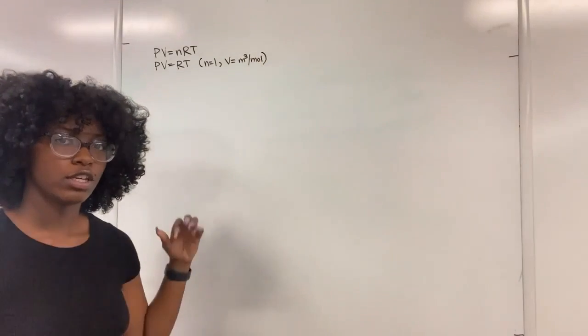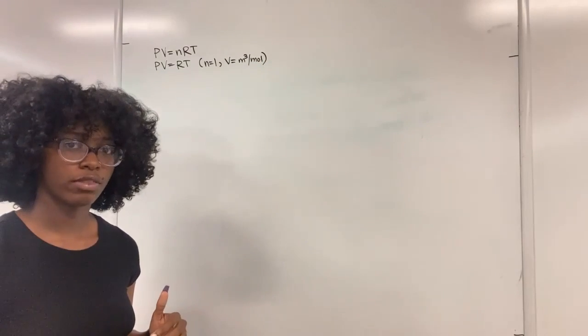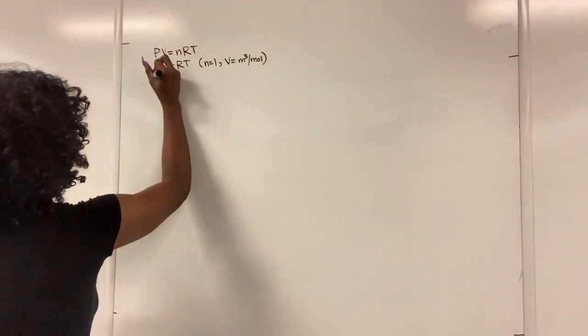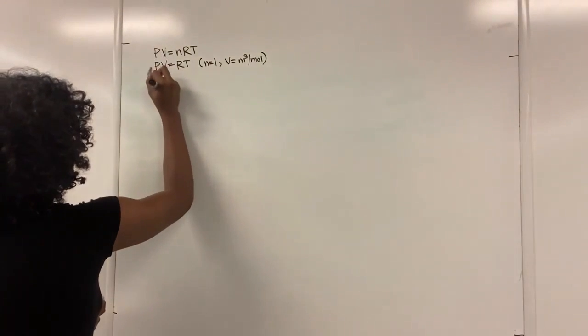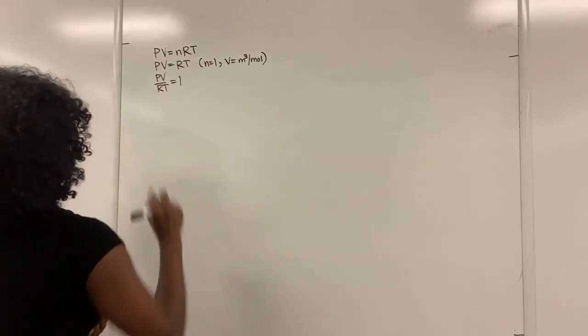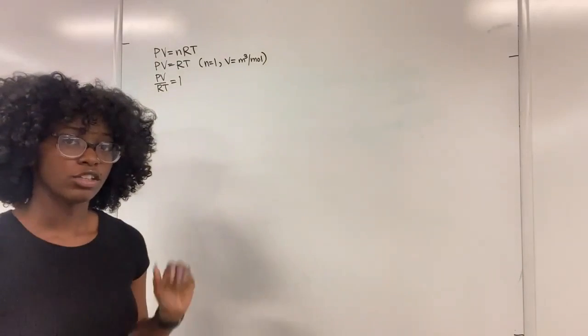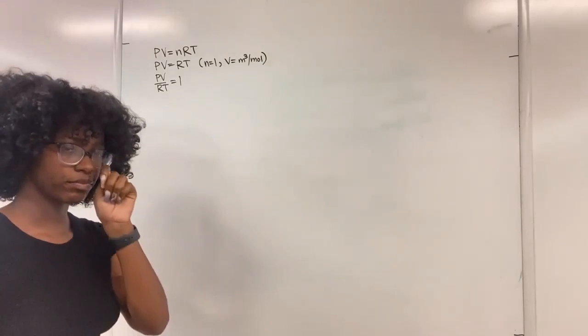So we can actually rearrange this equation further so that PV divided by RT is equal to 1. And this equation is going to be useful later, so we're going to come back to this.